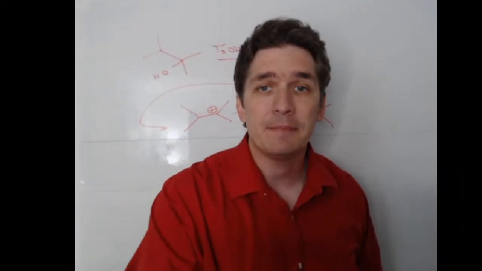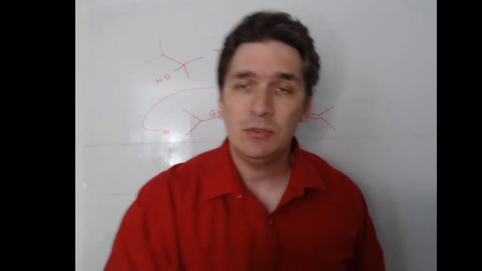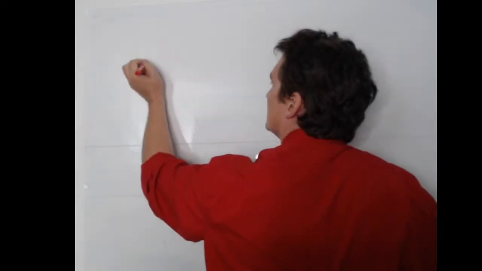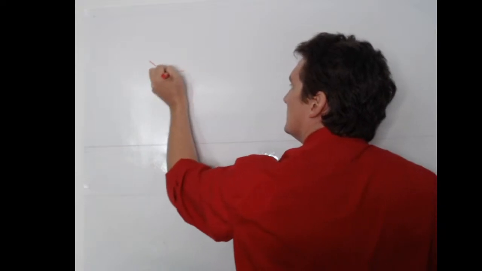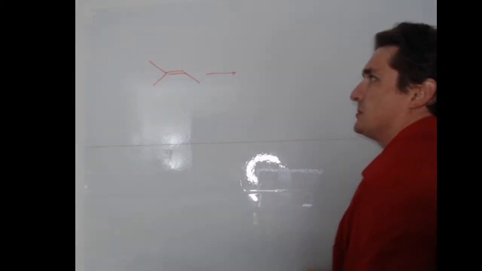Good to know that for tomorrow. Okay, so the hydroboration oxidation, is that syn? Yes. So if you do hydroboration oxidation, we have all of those wonderful steps that go into it.